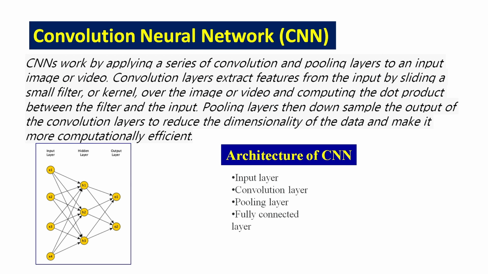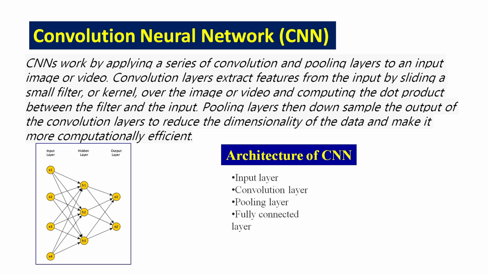So, in a real architecture of CNN, you can have input layers, convolutional layers, pooling layers, and fully connected layers, or dense layers. So, I discussed the convolutional layer. What is the pooling layer? Because in the convolutional layer, you will generate a lot of data, right. So, they extract features from the input by sliding small filters or kernels over the whole image or video, and then compute the dot product, which I just showed you.